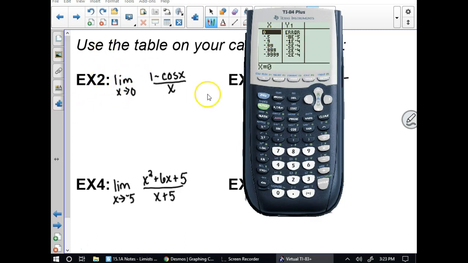So if I'm starting from the left, I'm starting with numbers lower than 0, so I would have -1, and then maybe -0.5, and then maybe -0.1, -0.01, -0.001, and so on.